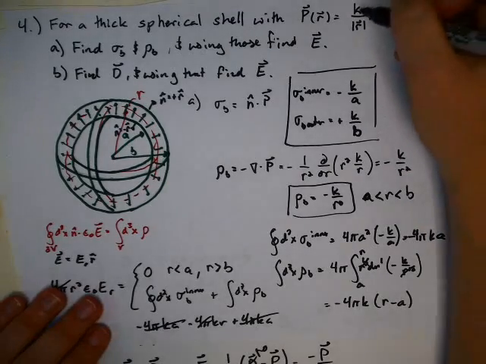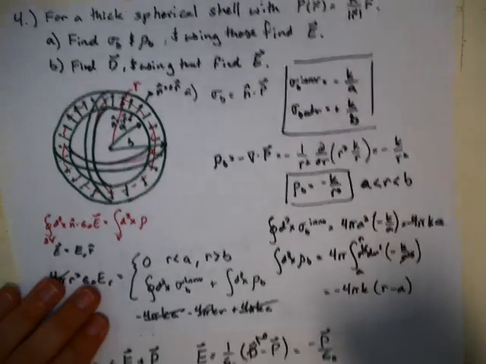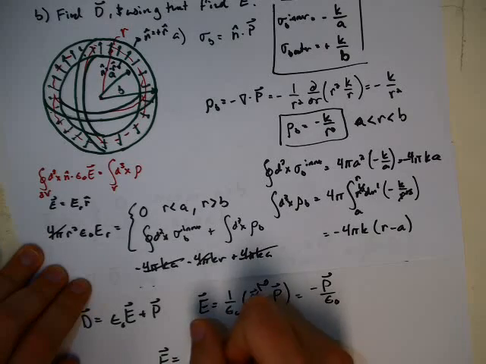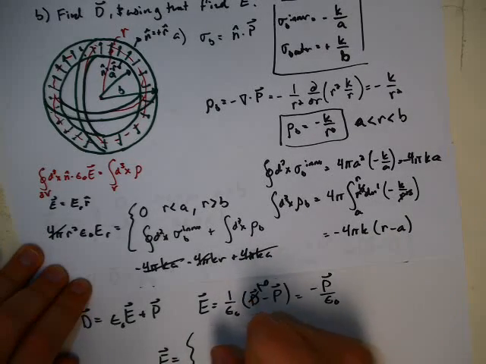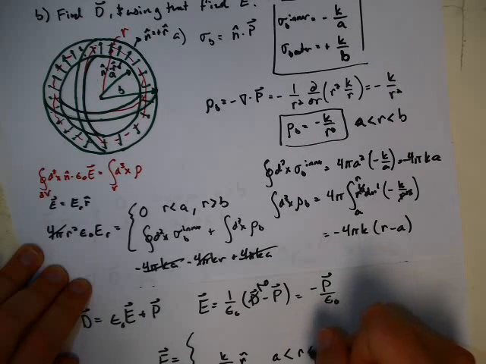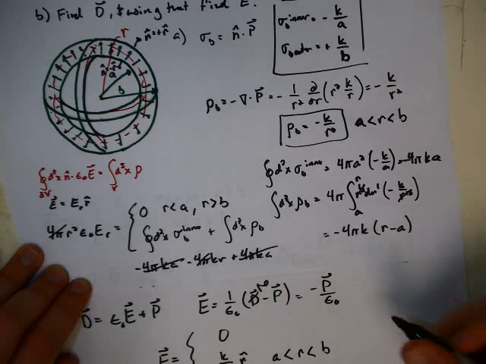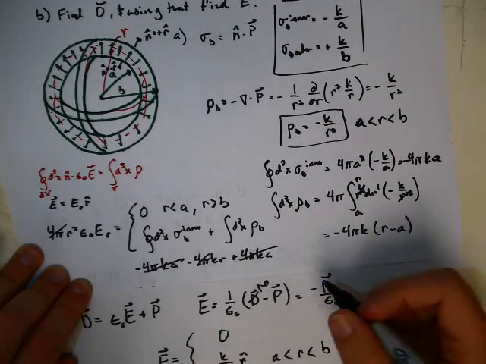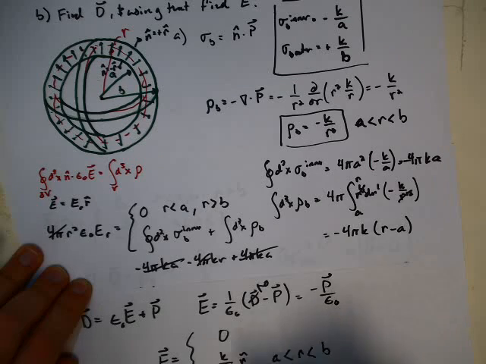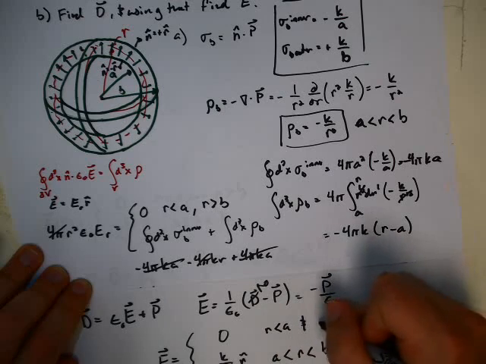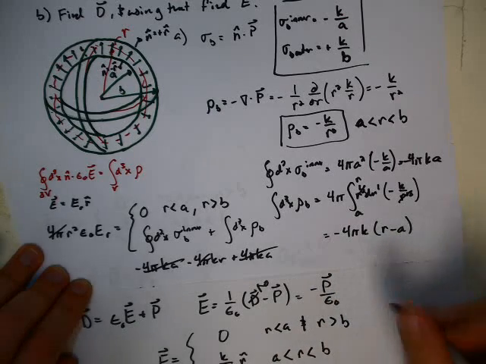Pulling that in, our polarization vector is k over r r hat, and so we're going to get that the electric field is equal to minus k over epsilon naught r r hat, where we have the dielectric, and it's going to be equal to 0 where we don't have the dielectric, because the polarization vector is actually 0 there. And so then E is equal to 0 minus 0, which is still 0. And so this is for r less than a and r greater than b.